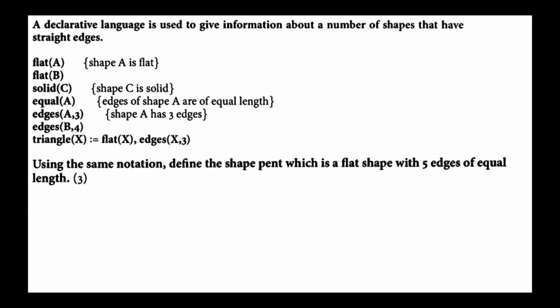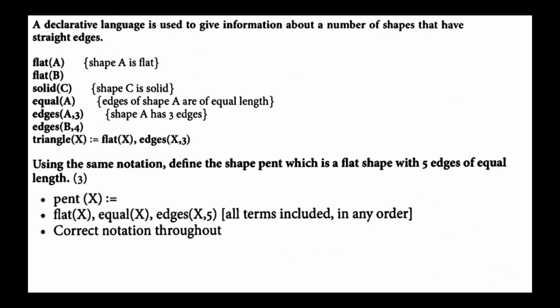Using the same notation, define the shape pent, which is a flat shape with 5 equal edges of equal length. Pent X, then flat X. X is probably just a variable, what you need to find.